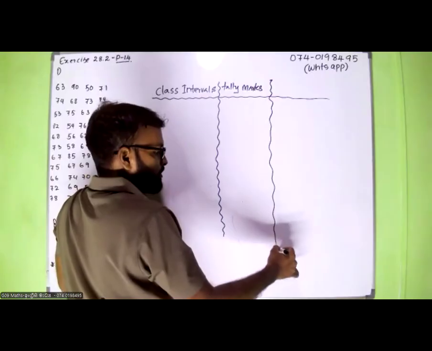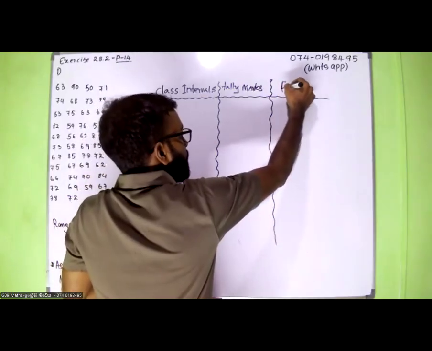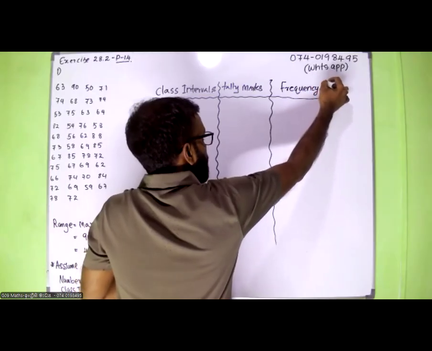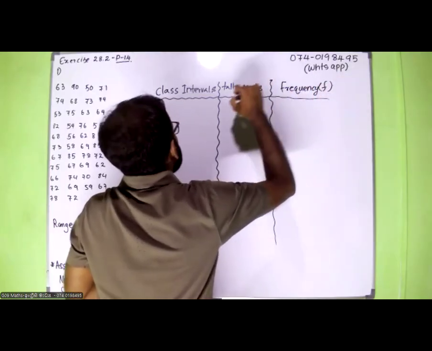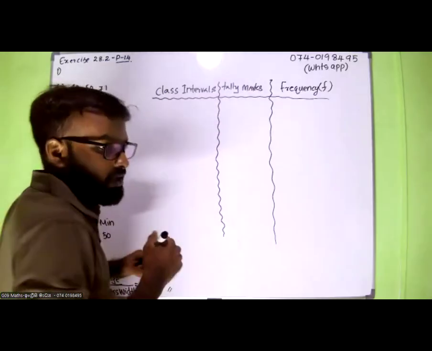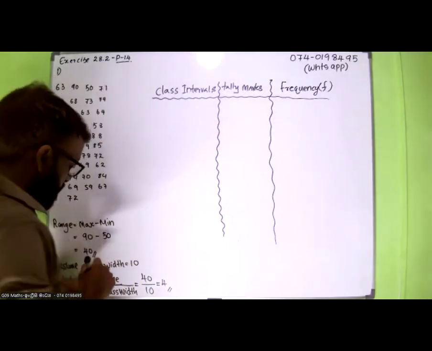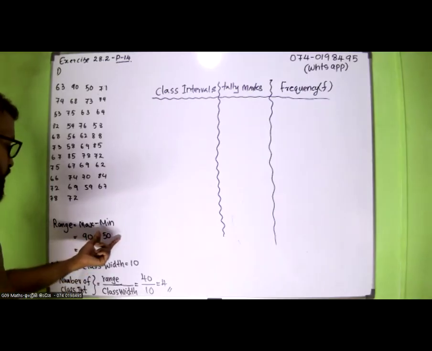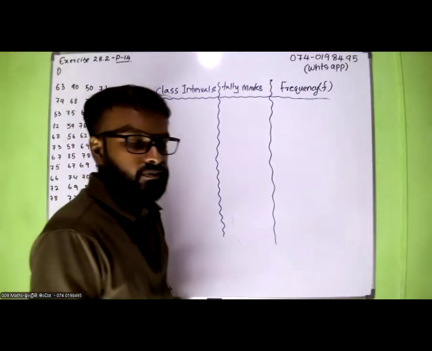Then I have frequency. So class intervals are the X. Now, what is my minimum number? The minimum number is 50.